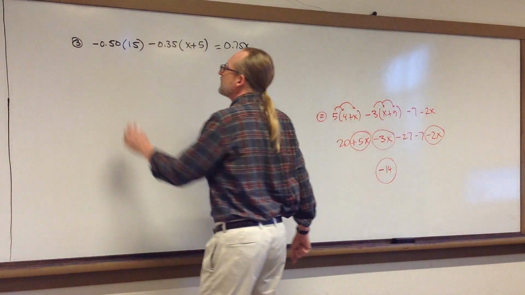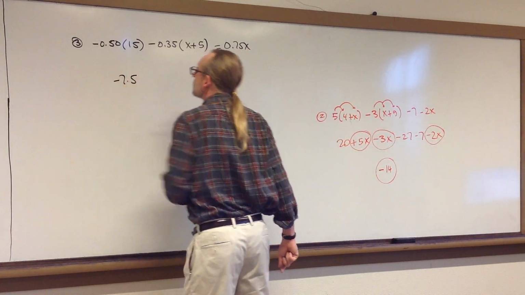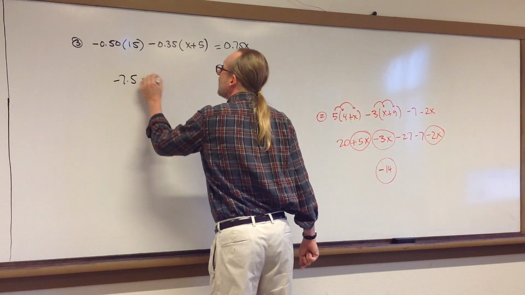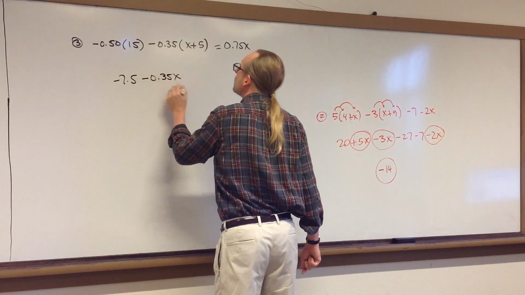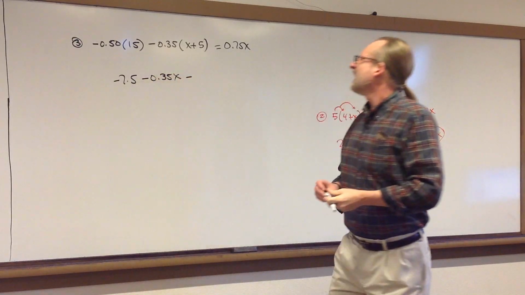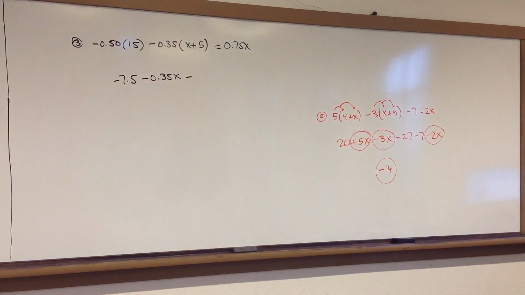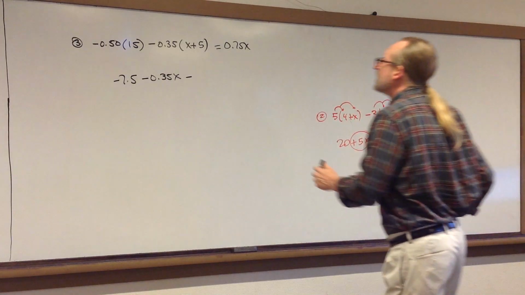Negative 0.5 times 15, that'll be negative 7.5, and then minus 0.35x, and then minus, let's see, 0.35 times 5, 1.75.